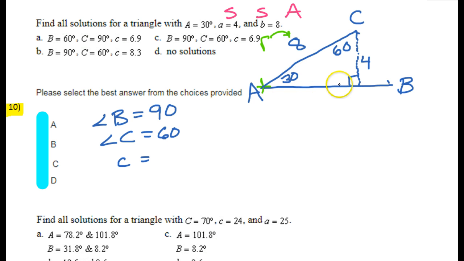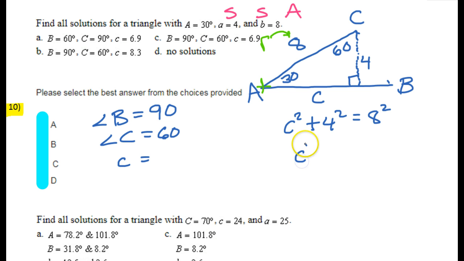So finding side C, I could either use my special triangle knowledge or I could do the Pythagorean theorem. The Pythagorean theorem says, if I want to find C, which is weird because C is normally the hypotenuse, but anyway, C squared plus 4 squared is equal to 8 squared. Leg squared plus leg squared equals hypotenuse squared.